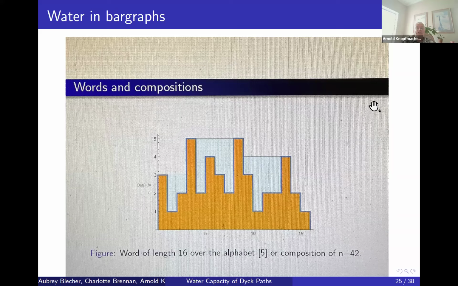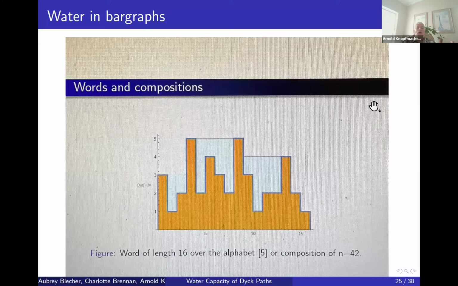A word is just a list of numbers, and a word is represented by a vertical column of squares for each number. So if we look at the picture, we see that we have a first column of height 3. 3 is followed by 1, followed by 2, followed by 5, followed by 2, and so on. And that list of numbers is what's called a word over the alphabet 1 up to 5.